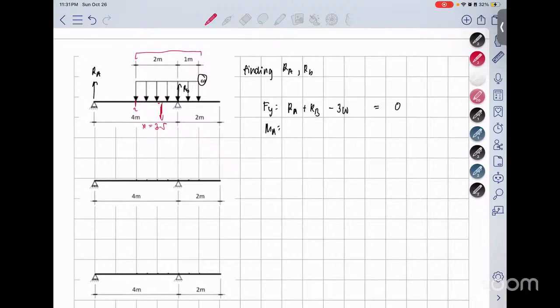That should be relatively straightforward now with a force of 3W. So going back, moment about A, there's no RA. RB is 4 minus 3W times 3.5 meters.